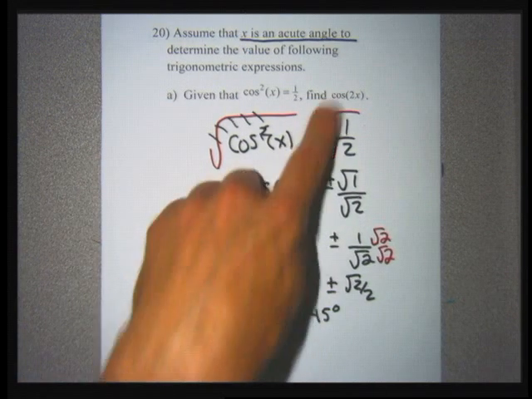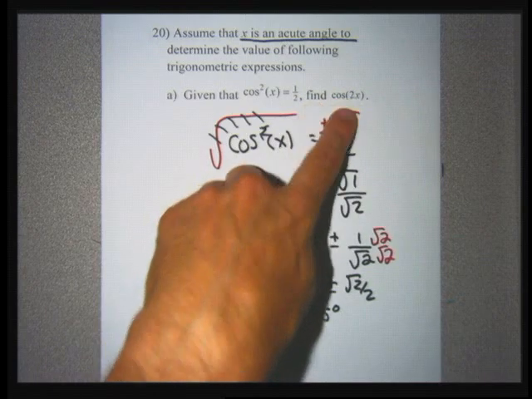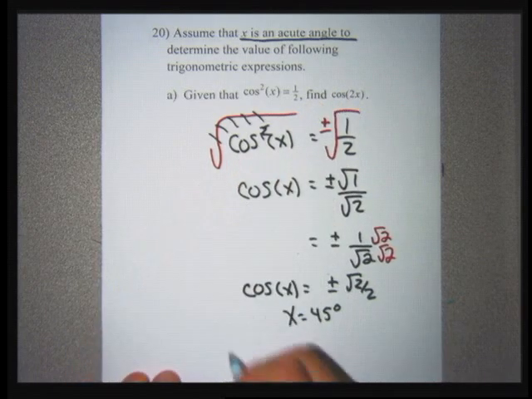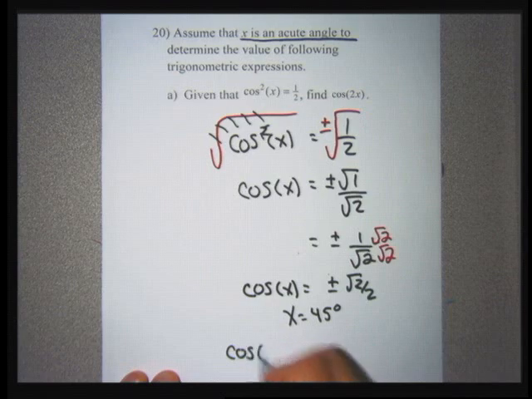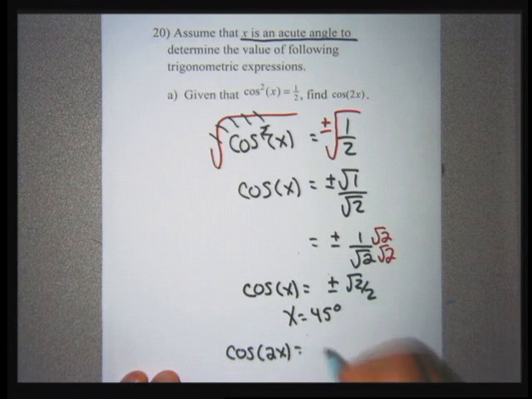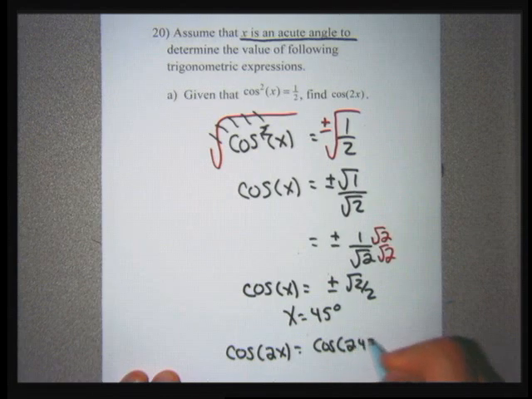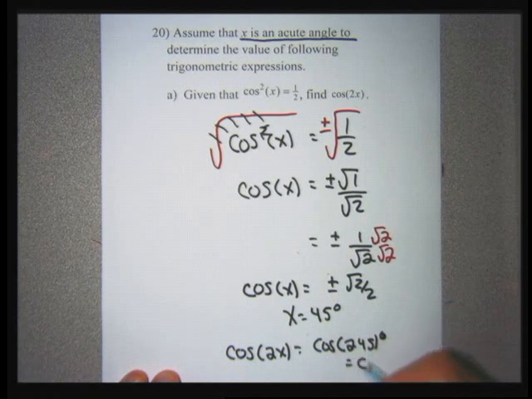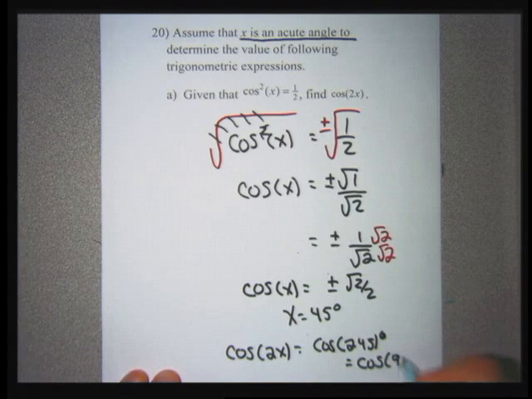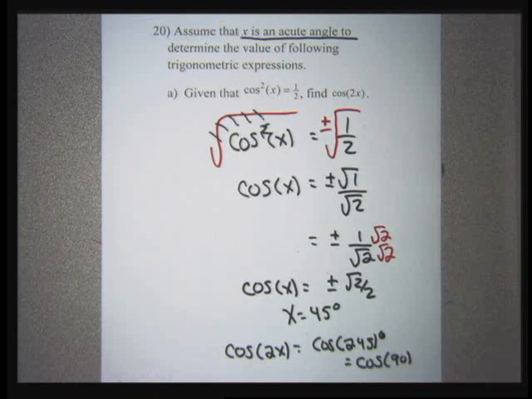I'm going to take this value of x and plug it into the find cosine of 2x. So the cosine of 2x is going to be the cosine of 2 times 45 degrees, which is the cosine of 90 degrees, and the cosine of 90 degrees is 0.